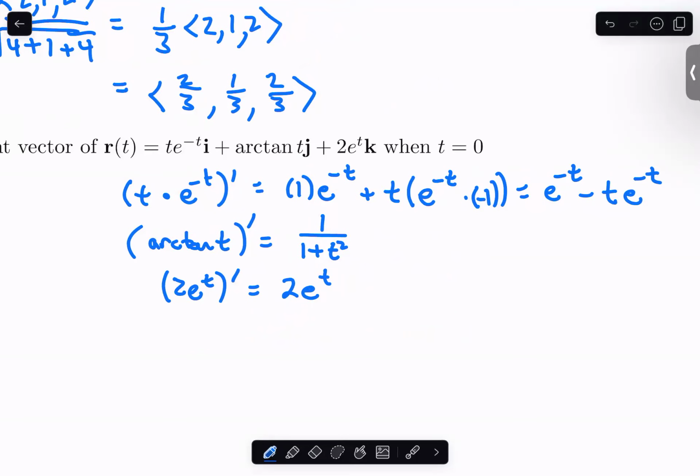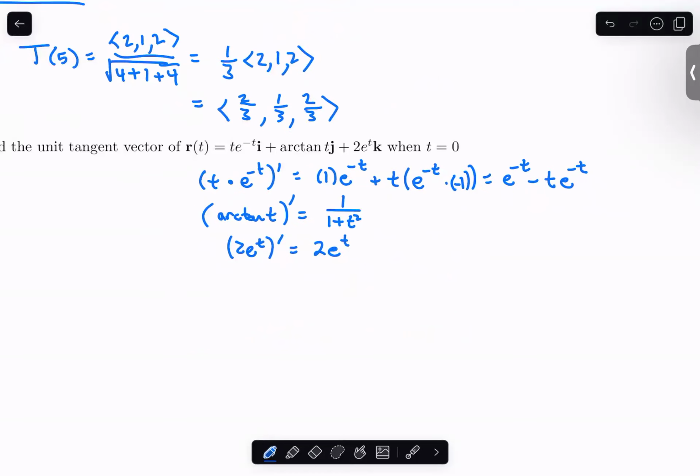All right, so I've solved the derivative for each one of these pieces. I could take that and say that this is what r prime of t is going to be equal to. But remember, I want to evaluate this when t is equal to 0. So ultimately, I'm going to be plugging in 0 for these things. So, so I don't have to write so much, let's just go right to plugging in 0 for all of the t's.